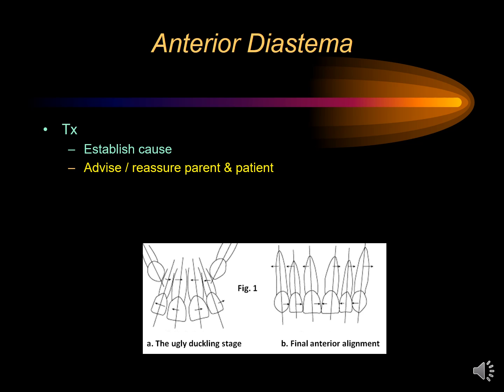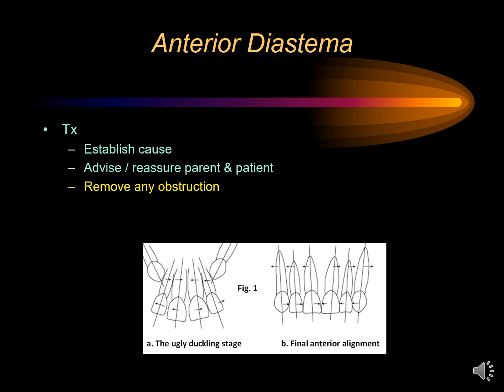When the permanent canines erupt into the oral cavity, the crowns come into contact with the crowns of the incisors, and this moves the crowns mesially and the roots distally. This will improve the alignment, and the diastema will close.